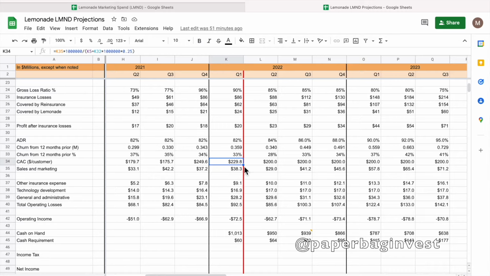If it was on a net customer basis, of course, they would have spent the same $38 million in sales and marketing, but they would have got fewer customers on a net basis, so this number would be quite a bit higher. But on every single customer, even the ones that came and then left, even including the ones you made up for, the customers that churned, then you get this value of $229.